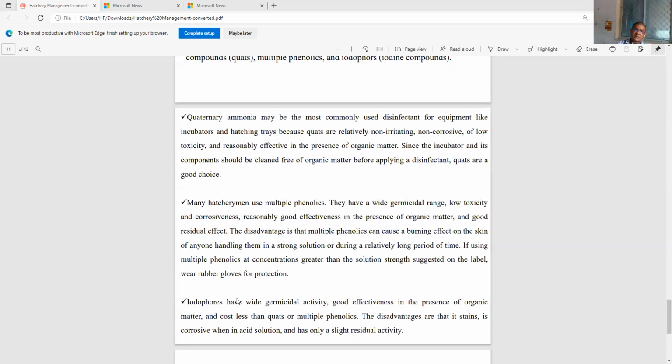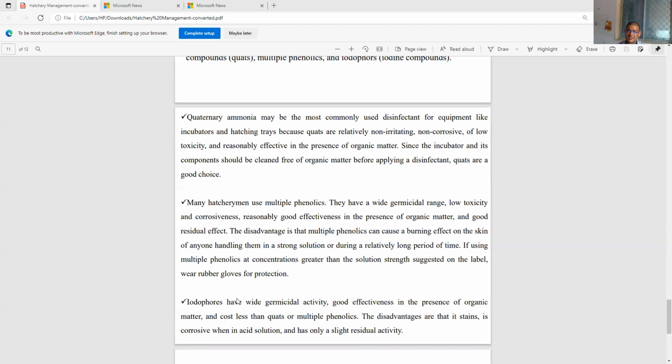Quaternary ammonia may be the most commonly used disinfectant for equipment like incubators and hatching trays because it is relatively non-irritating, non-corrosive, of low toxicity, and reasonably effective in the presence of organic matter.